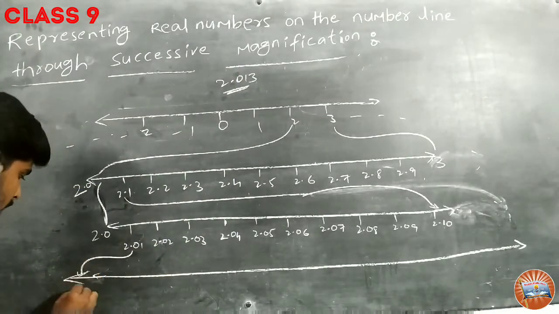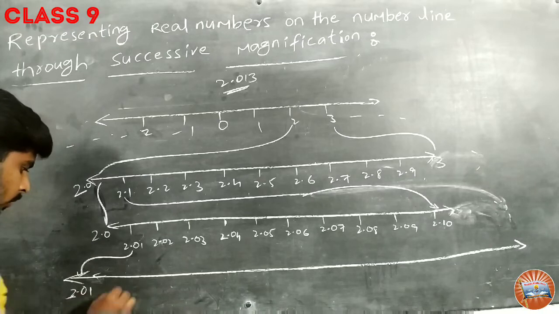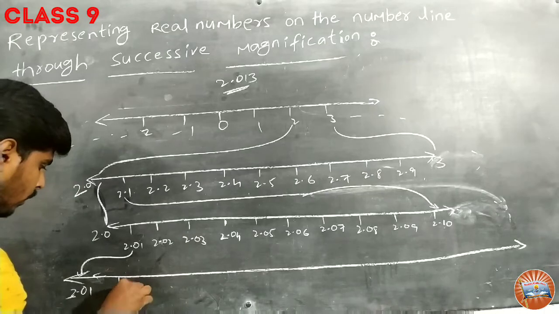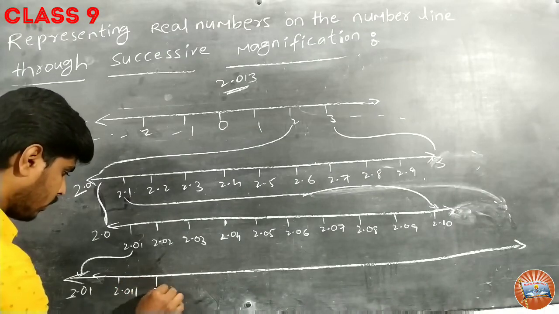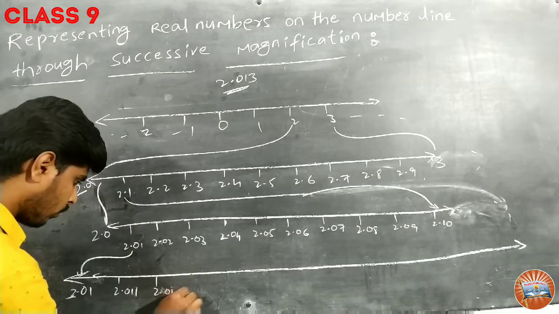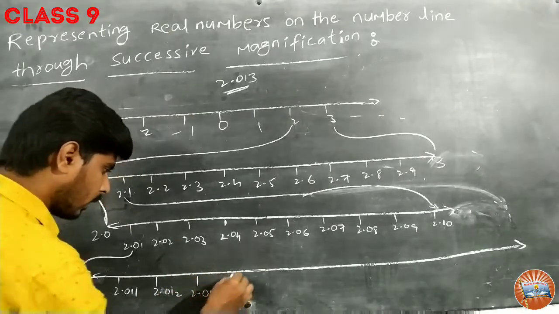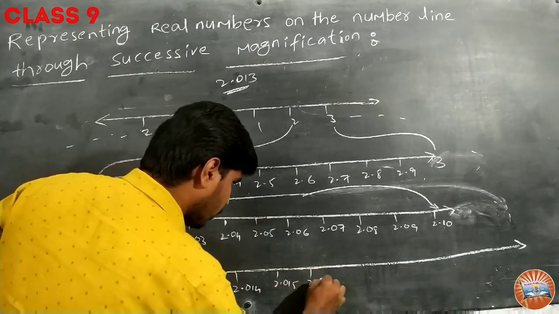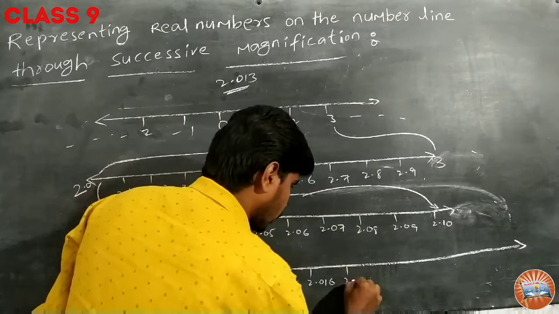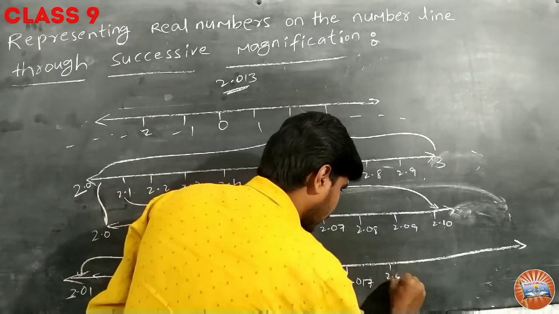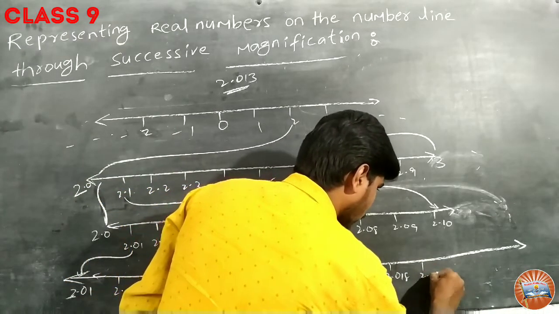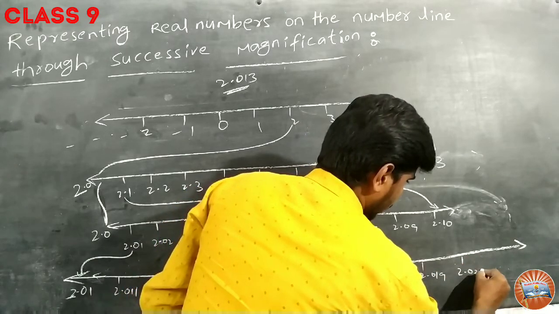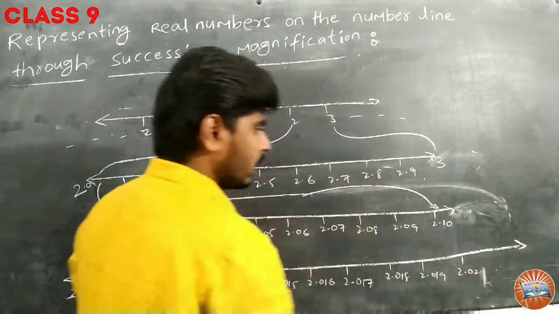Take here 2.01, 2.011, 2.012, 2.013, 2.014, 2.015, 2.016, 2.017, 2.018, 2.019, it is 2.020. It means nothing but 2.02, isn't it?